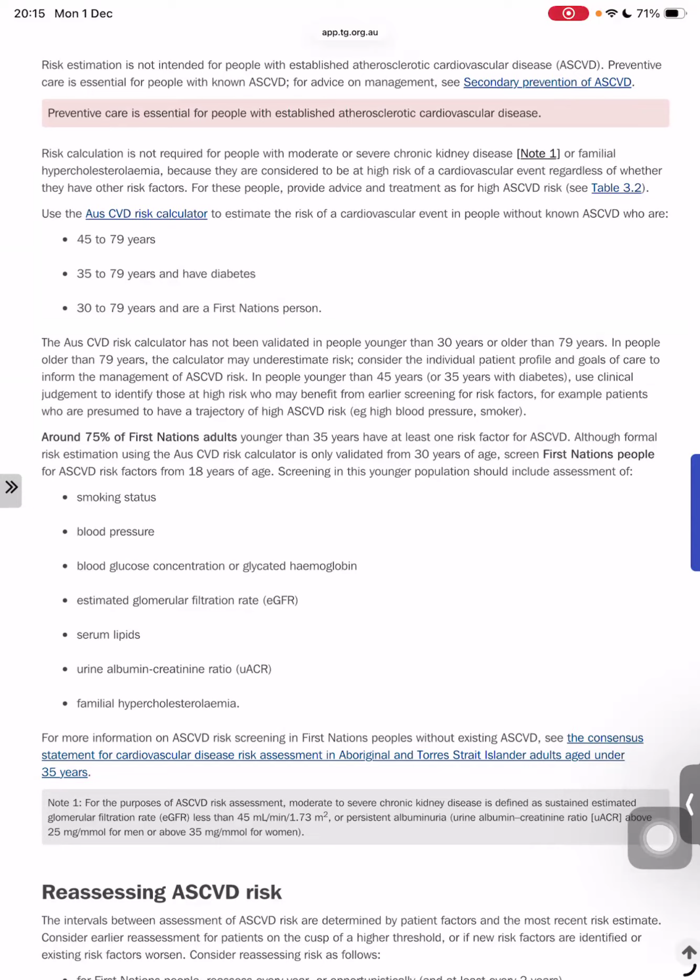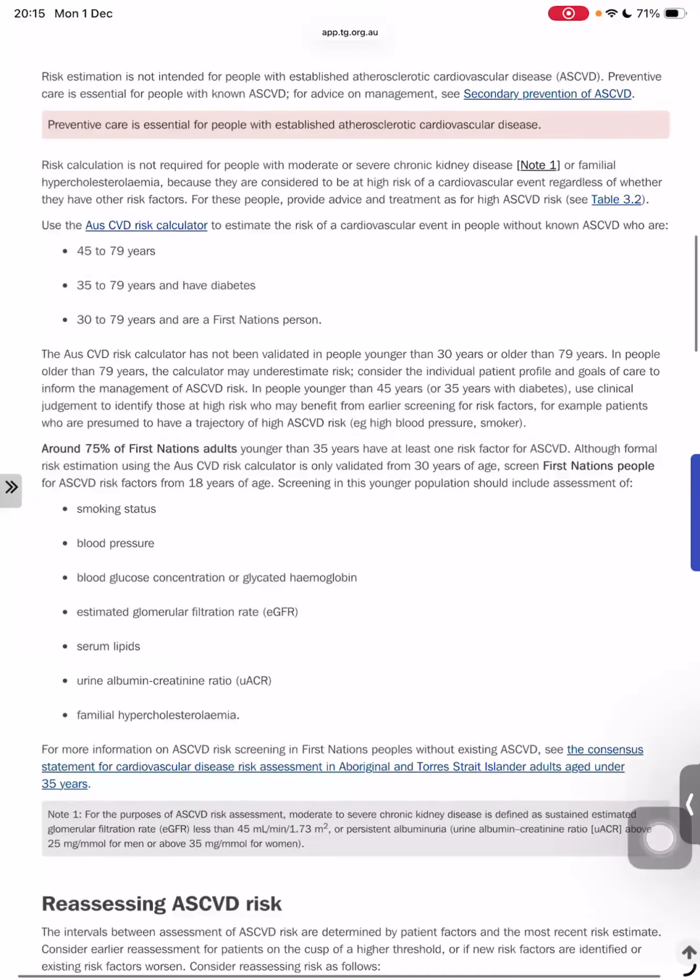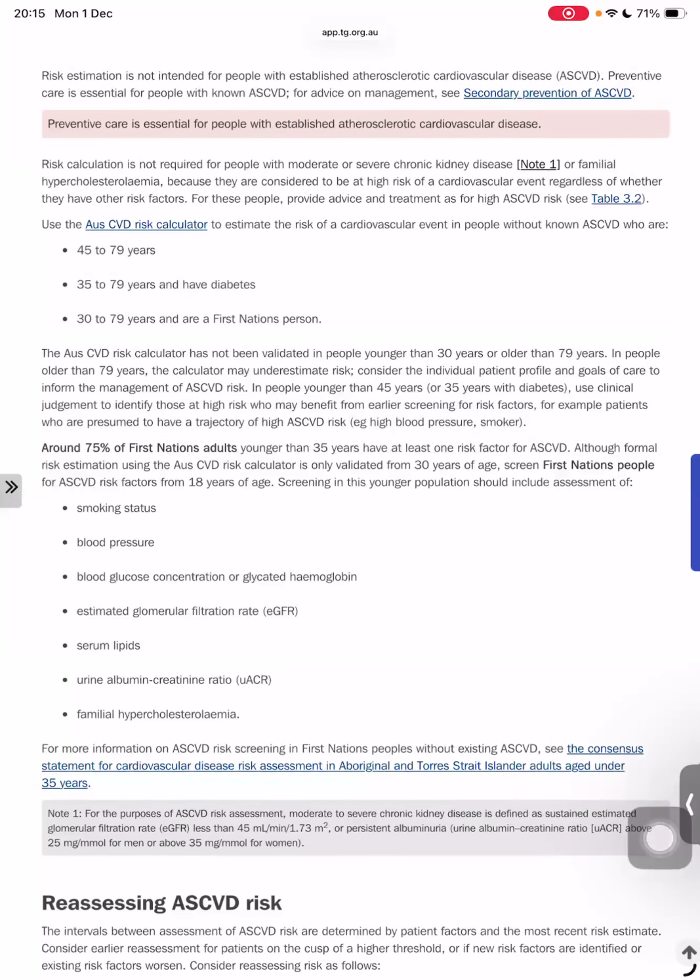The patient doesn't have to have diabetes or anything. We have to start because they have a very high risk for future cardiovascular disease. So for all people, from 45; for people with diabetes, 35; for First Nation people, from 30.